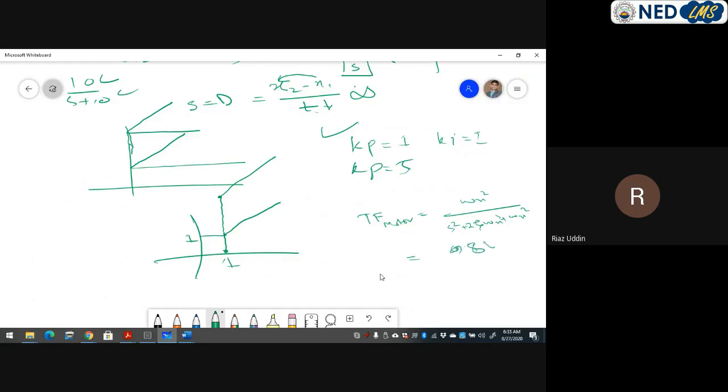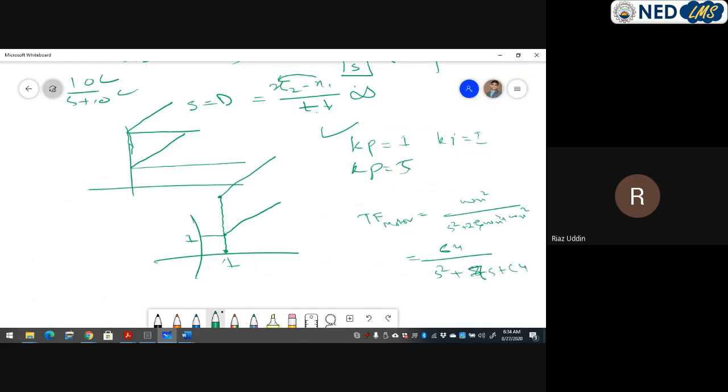So for example, 64 upon s square plus 8 s plus 64.